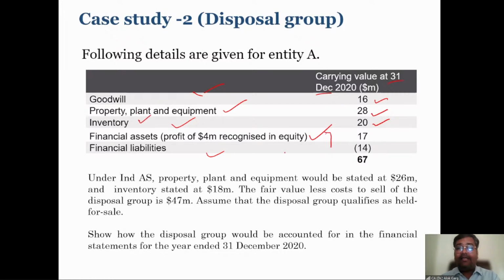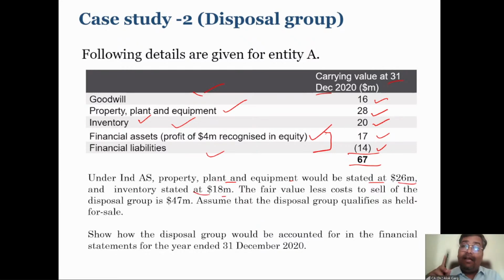And these are the financial asset and financial liabilities also. So in this question, in the disposal group, current asset is there, financial asset is there, and even liability is also there. So the total carrying value is 67 million. Under Ind AS, property, plant and equipment would be stated at 26 million and inventory is stated at 18 million.